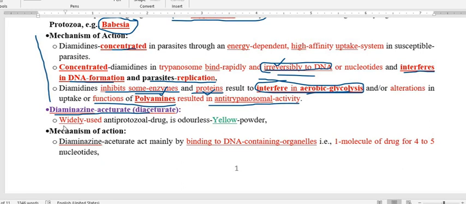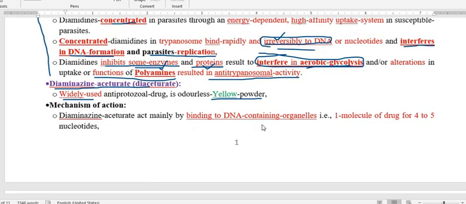Now we have to go through the drug diaminazine aceturate or diaceturate. This is one of the most usable drugs for trypanosomiasis. It is widely used, and the color is yellow powder. As we already discussed about the mechanism of action, it binds to the DNA irreversibly, including the DNA in organelles present in the cytoplasm of the susceptible protozoa.